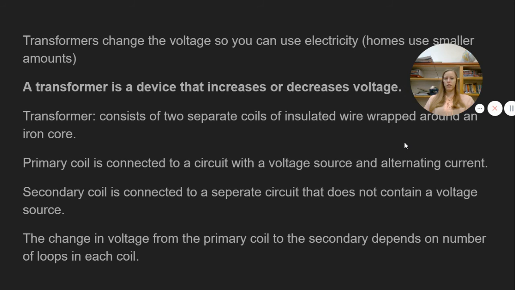It consists of two separate coils of insulated wire wrapped around an iron core. A primary coil is connected to a circuit with a voltage source in alternating current. A secondary coil is connected to a separate circuit that does not contain a voltage source. So the change in voltage from the primary coil to the secondary depends on the number of loops in each coil.